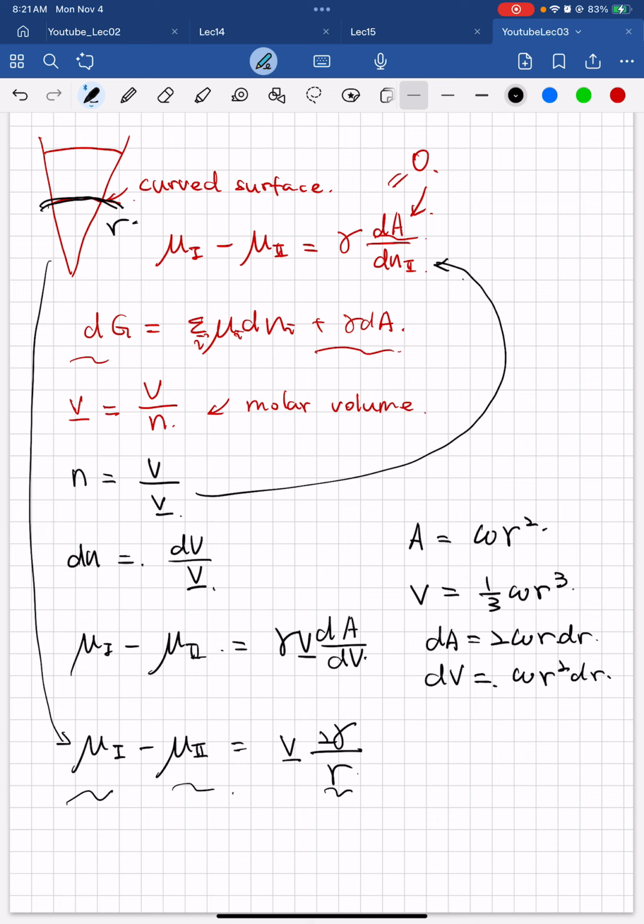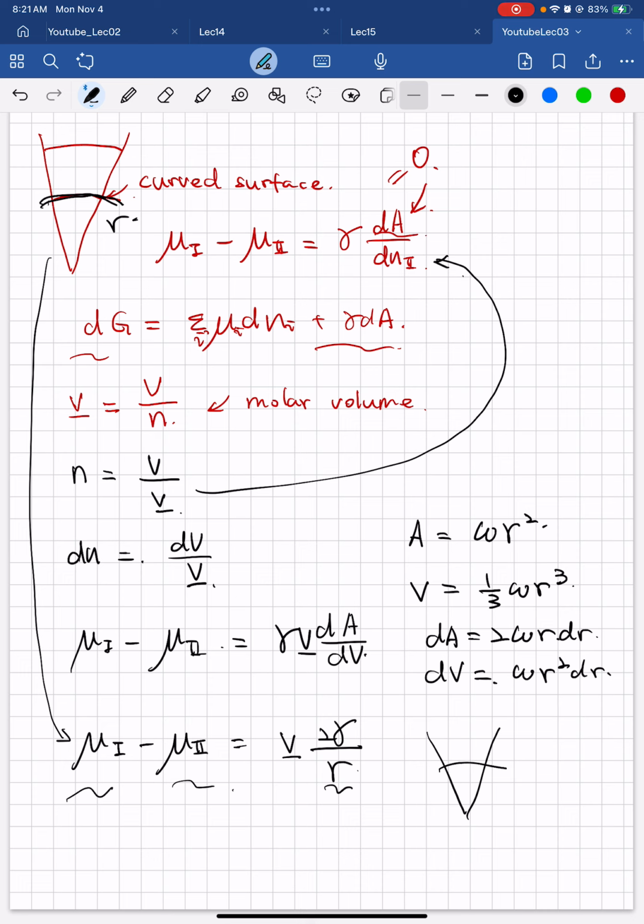So this r is the radius of curvature of the surface at equilibrium. Then you can get the difference of chemical potential between them.